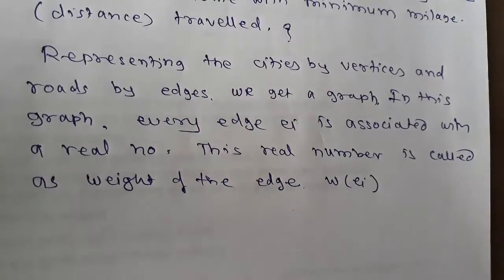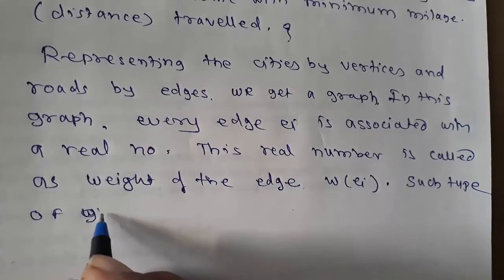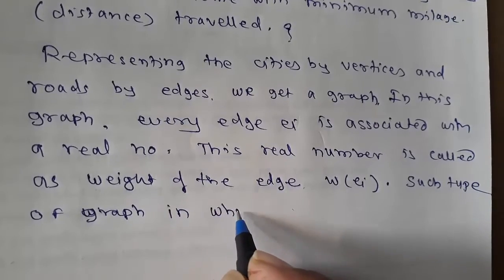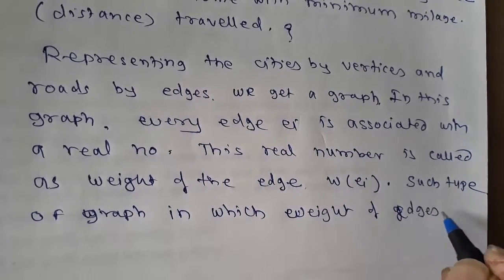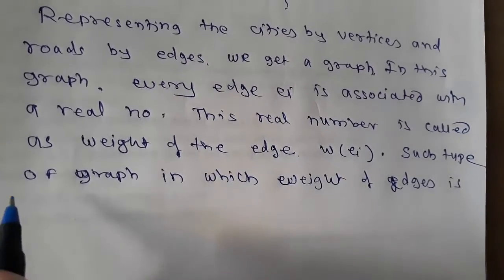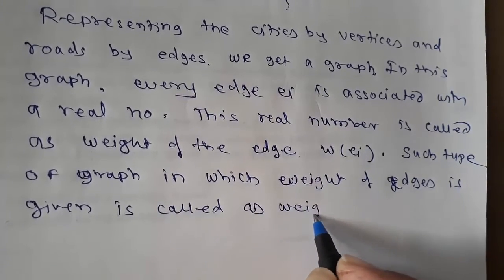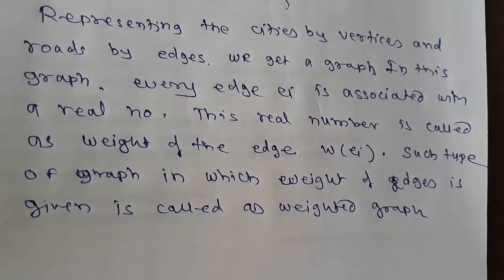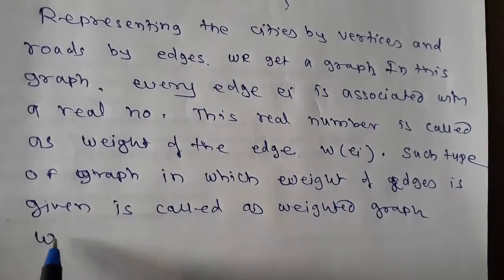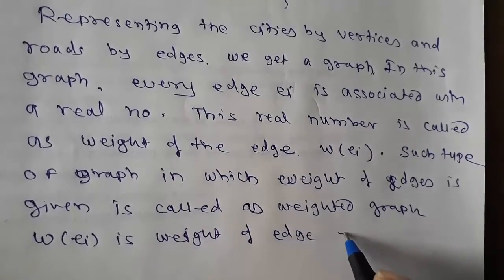Such type of graph in which weight of edge is given is called as weighted graph. w(ei) is the weight of each edge ei.